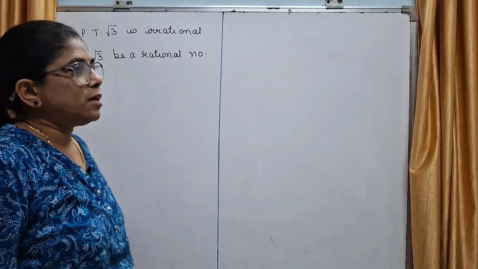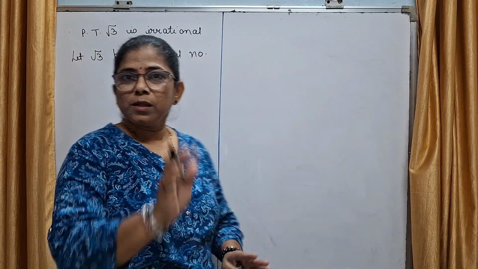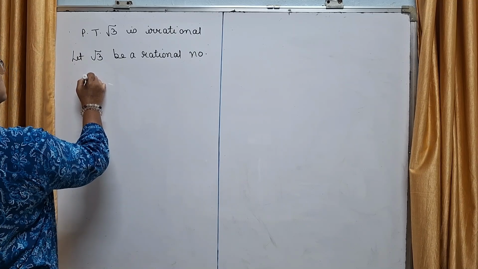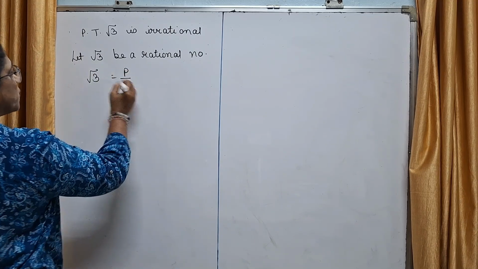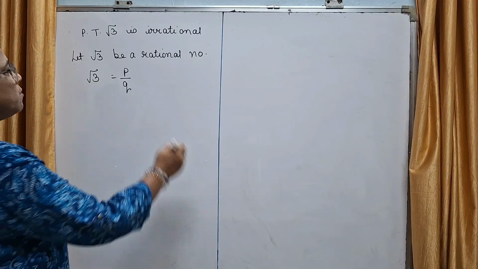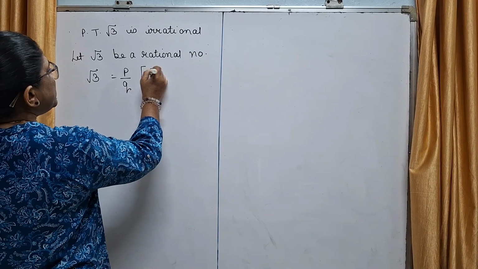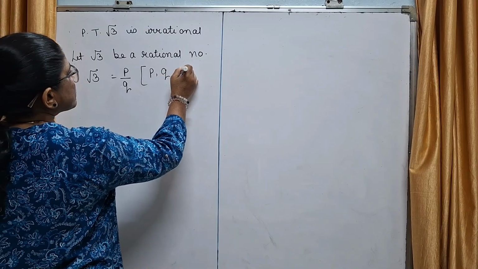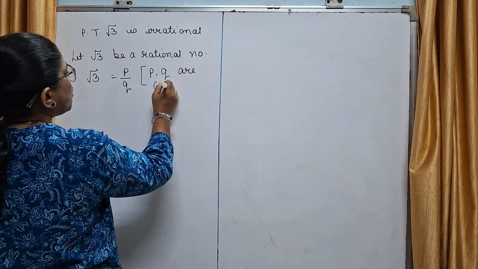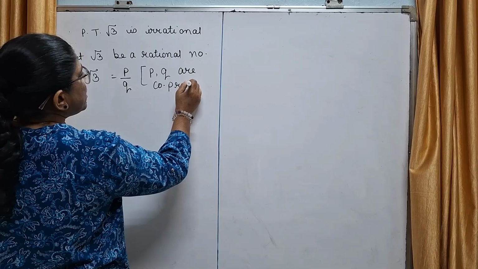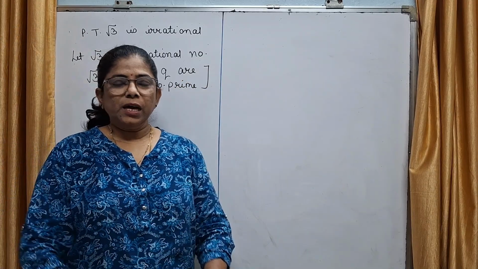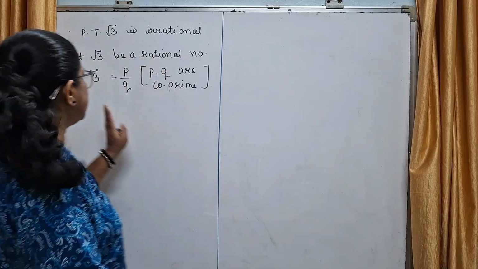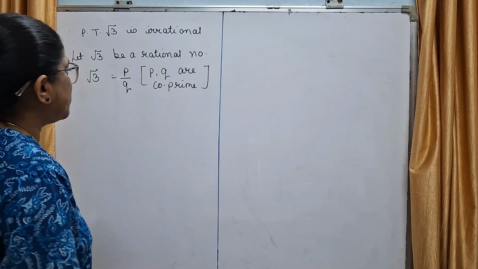Now if root 3 is a rational number, we know that rational numbers are expressed in the form of P upon Q, and in this case we will mention that P and Q are co-prime. Co-prime means they don't have any common factor in them. P and Q are co-prime numbers, and here root 3 is expressed in the form of P and Q.